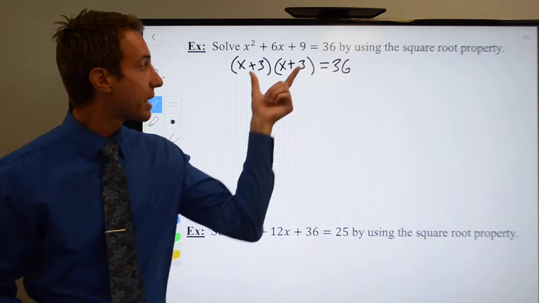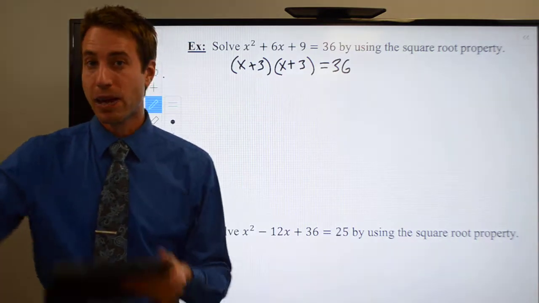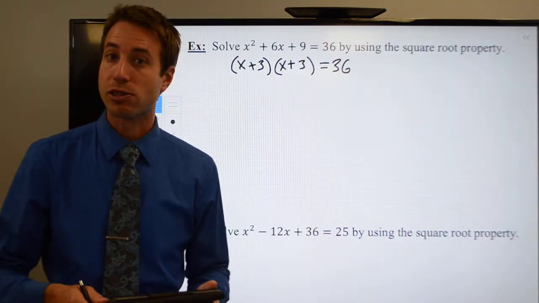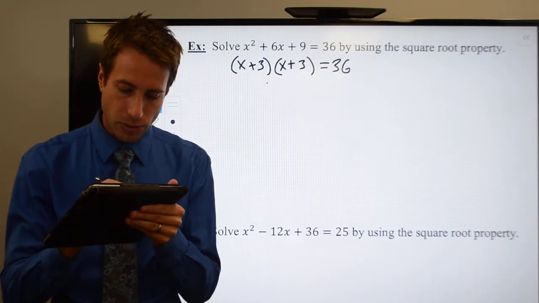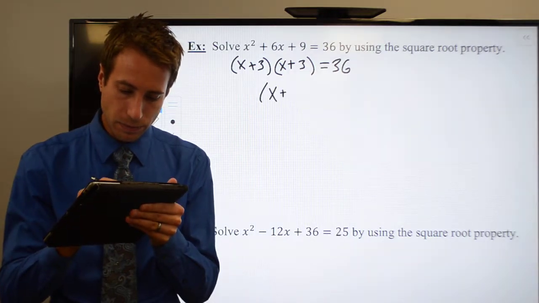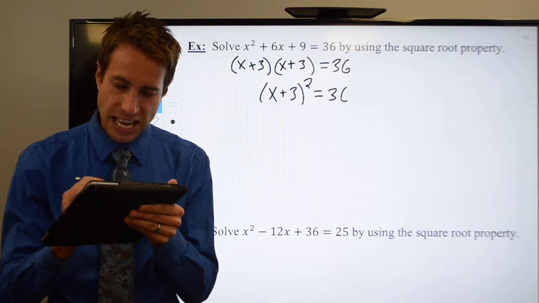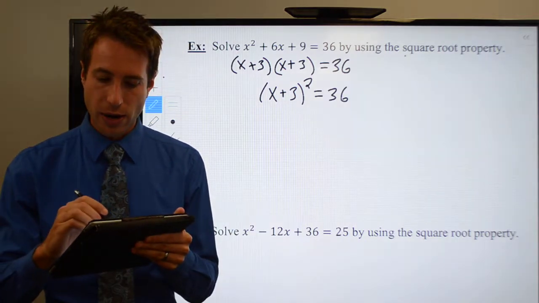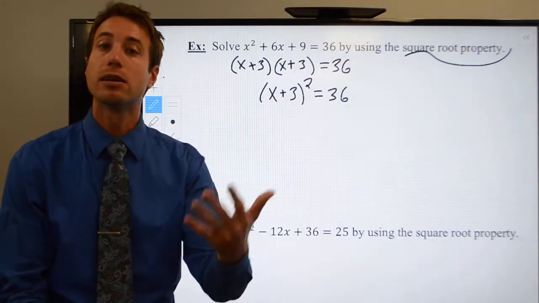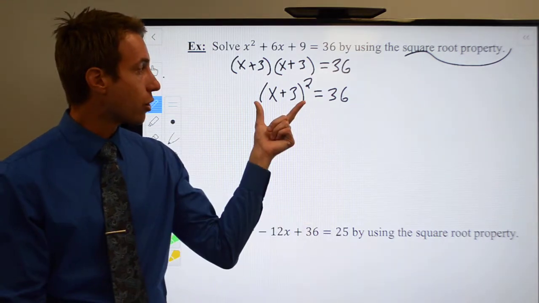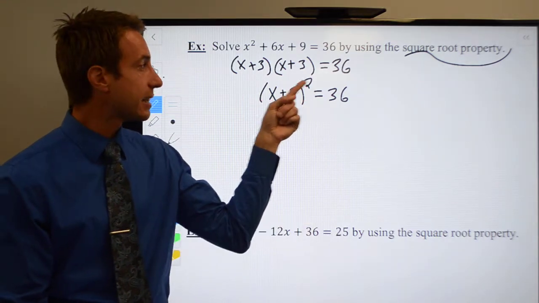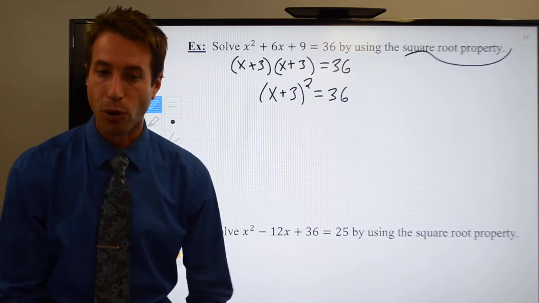Well, now we know that because those binomials are the same, x plus 3 times x plus 3 is an x plus 3 squared. That's all equal to 36. And now hopefully you can see where that square root property comes in. In order to solve for x, I'm going to need to take the square root of both sides.